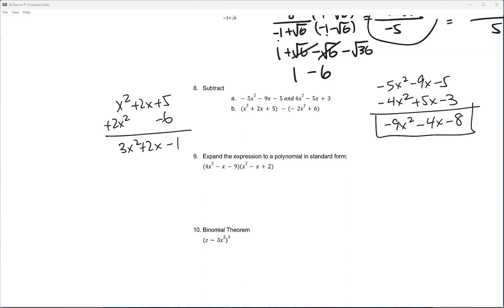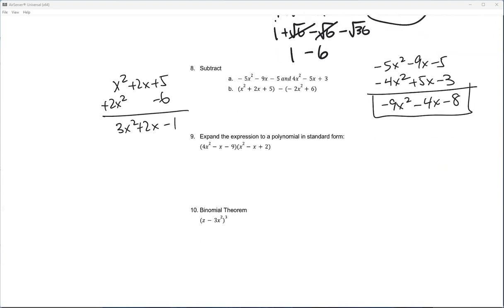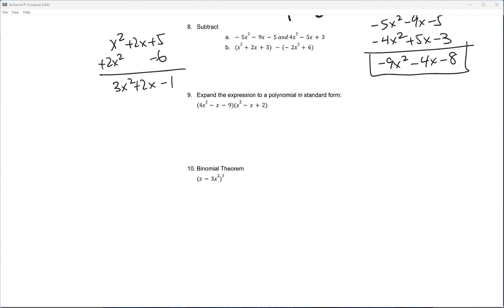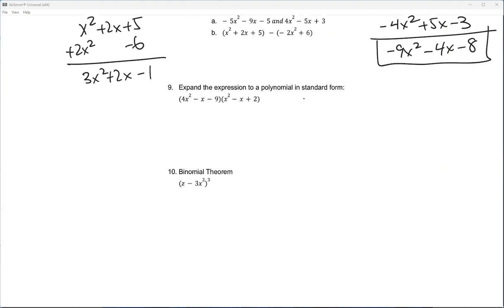Okay. Number 9, we are multiplying. So it is 4x to the 4th. Remember, we're multiplying the 4x squared to each term. So 4x squared times x squared is 4x to the 4th. 4x squared times minus x is minus 4x to the 3rd power. 4x squared times 2 is plus 8x to the 2nd power.